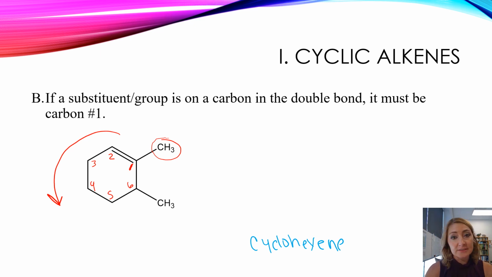We do not have to label the position of the double bond, but we do have to say what position both of our methyl groups are in. So for this example, because we had to start with carbon number 1 here and we had to count the second carbon in the double bond as being position number 2, we will label these 1,6-di, because we have 2 methyl groups, cyclohexene.